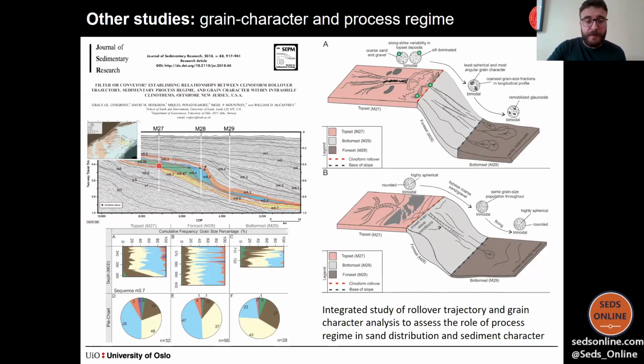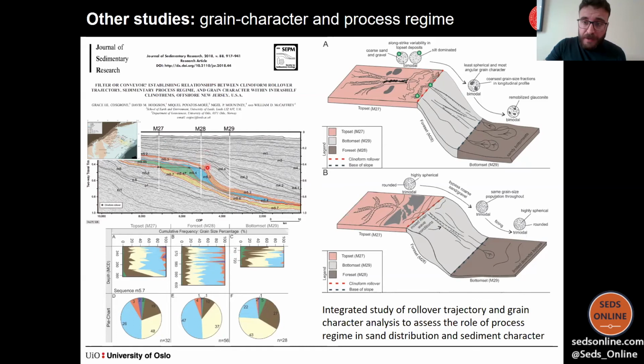In some clinoforms that had a much flatter trajectory, and therefore where we would expect sand delivery to the basin floor, we did not find that sand delivery because the shelf was dominated by wave processes.